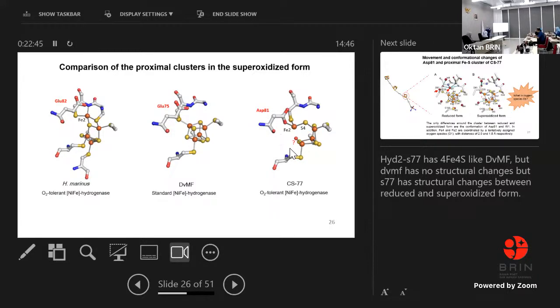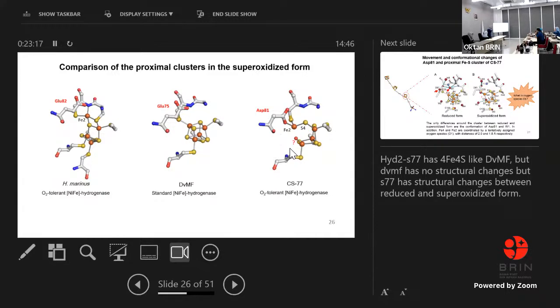It's quite similar, but in the proximal cluster we find a new atom or new molecule attached to this iron.